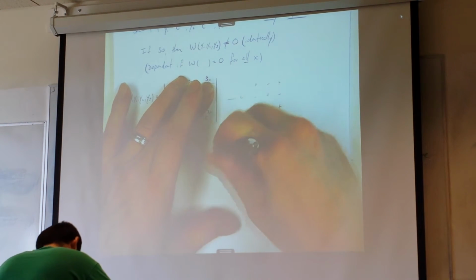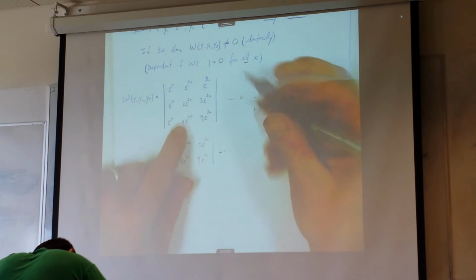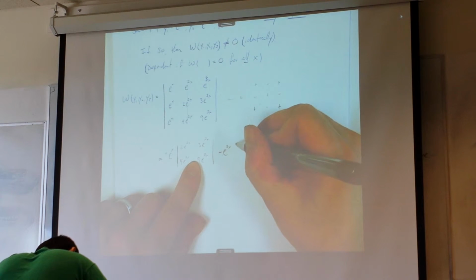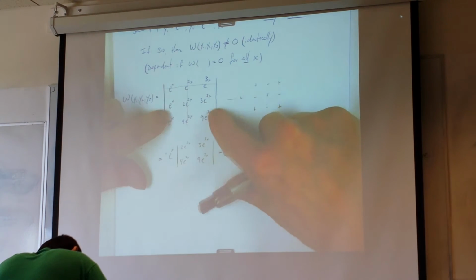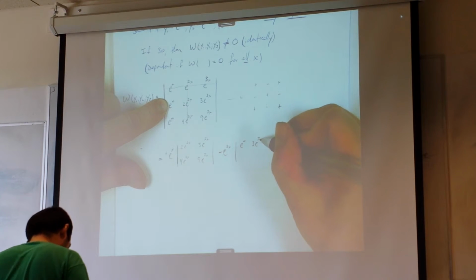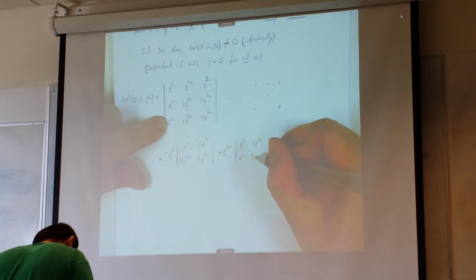You can just remember that it's going to be positive, minus, positive, minus. So minus, and I'm going to choose the e to the 2x. And cross out the column and row in which that appears, and then you'll have 4 entries left over. 2x2 Wronskian of those. E to the x, 3e to the 3x, e to the x, 9e to the 3x.